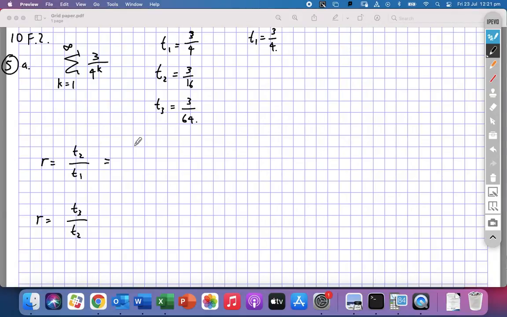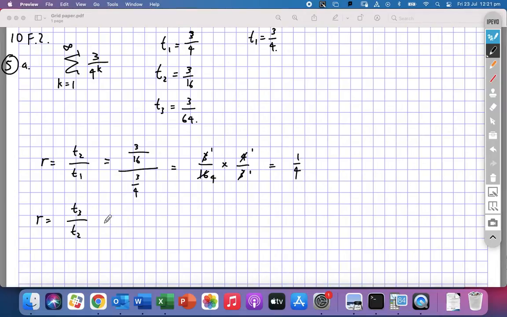So let's do that. 3/16 all divided by 3/4. Well, that's the same as 3/16 times 4 on 3. And we'll get some cancelling here, so our R value is 1/4.